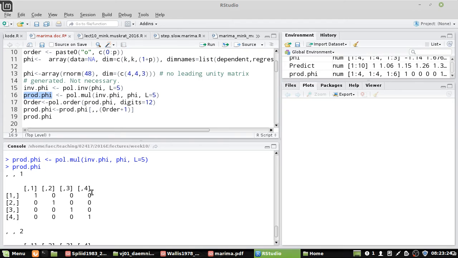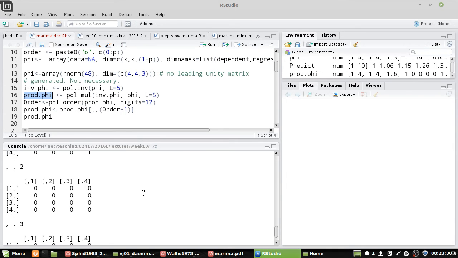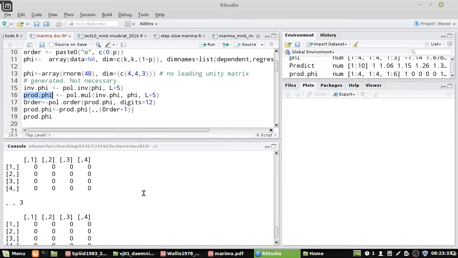I should always expect to have that. But what is interesting is, what do I get for the following elements? What should I get if I take phi inverse pre-multiplied on phi? I should only get the identity matrix.